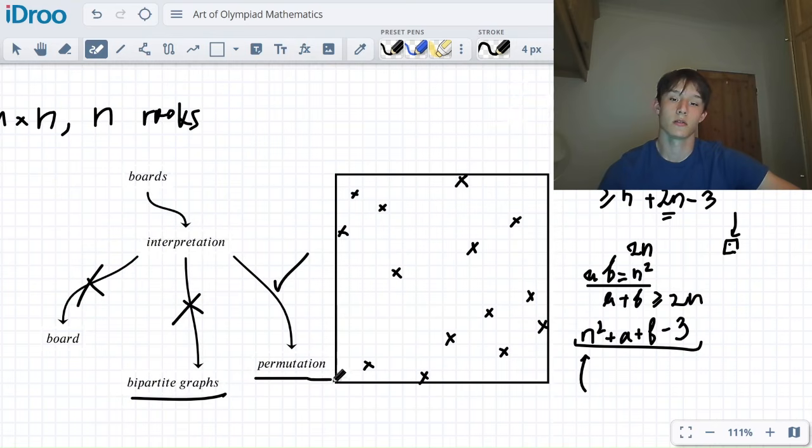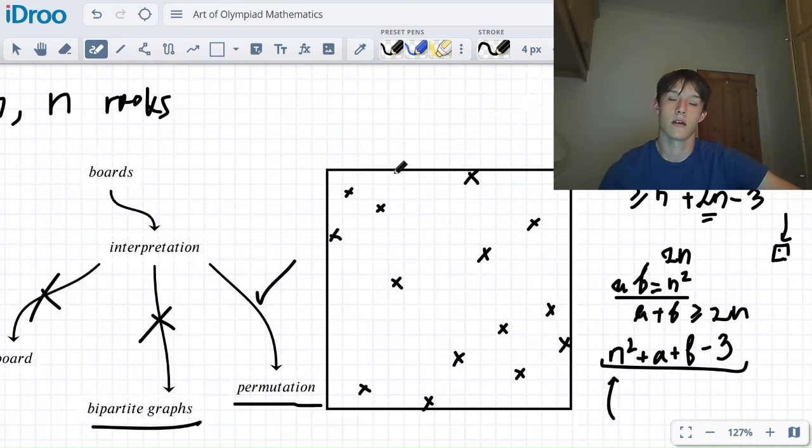Permutation essentially says we interpret these crosses as our numbers. The idea of a permutation is that you're given different coordinates, but you know that all coordinates are present.